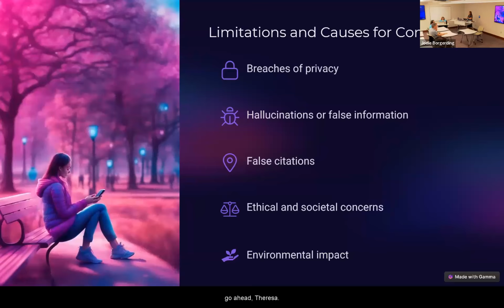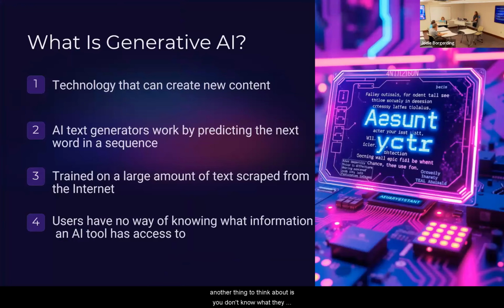Go ahead, Teresa. I think another thing to think about is you don't know what information they have access to. Most academic libraries have databases that we subscribe to, and unless the company allows the AI group to actually access those databases, those articles behind what we call a paywall, the generative AI would not have access to those articles.